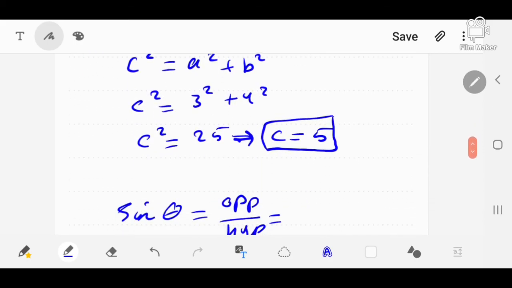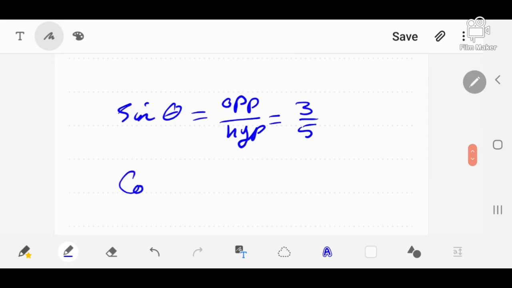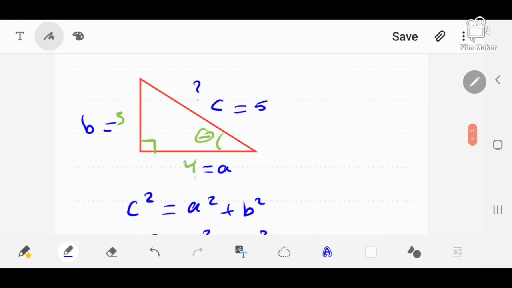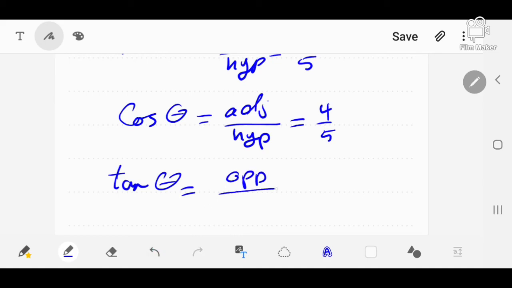Cosine theta is adjacent over hypotenuse, which will be equal to 4 over 5. Tan theta is opposite over adjacent, which is 3 over 4.